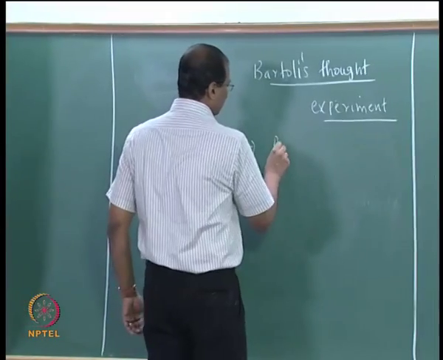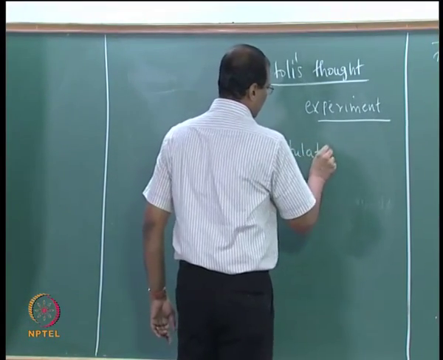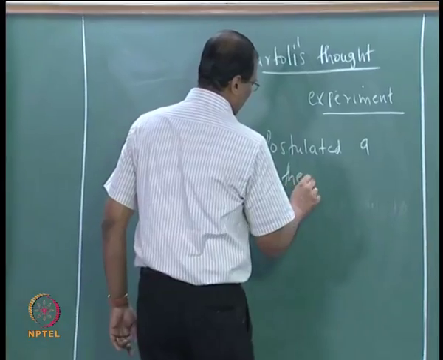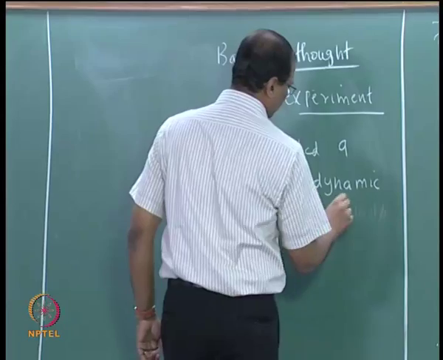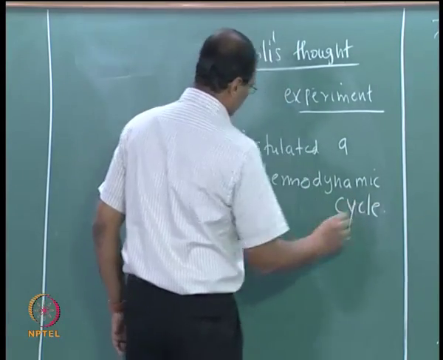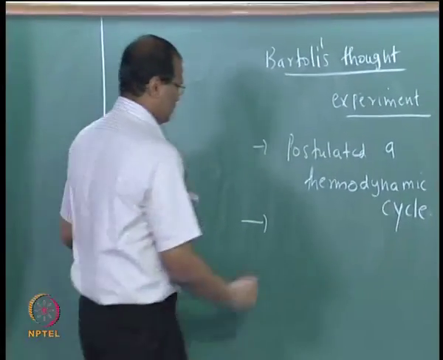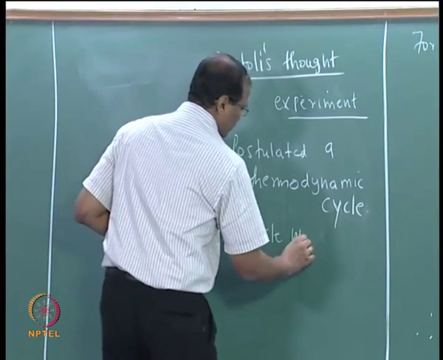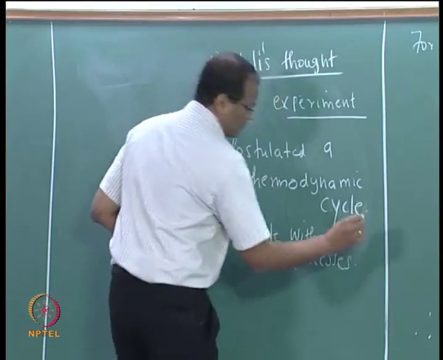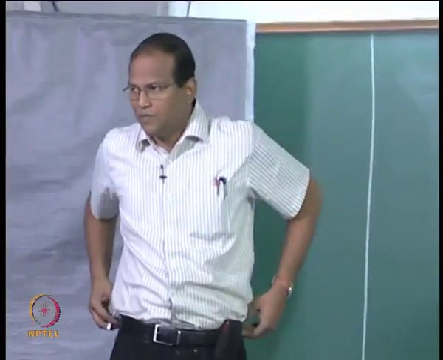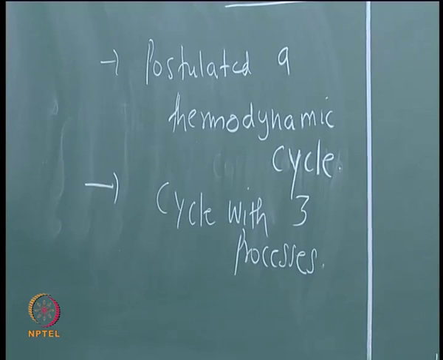So he postulated a thermodynamic cycle with 3 processes, okay. So watch carefully, I am not going to write everything on the board, you have to hear and as and when I say an important point you can jot it down.